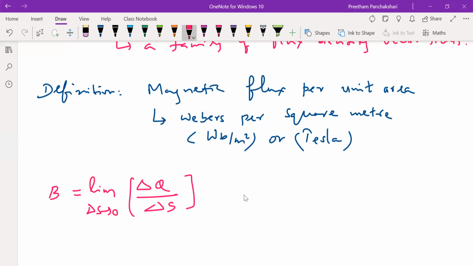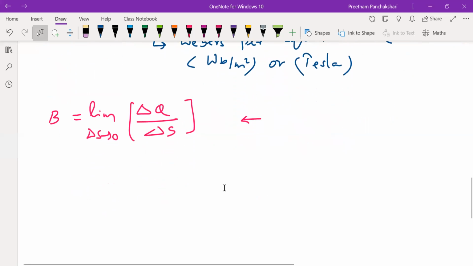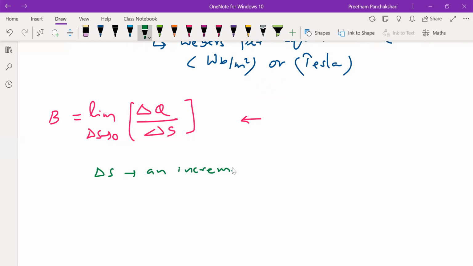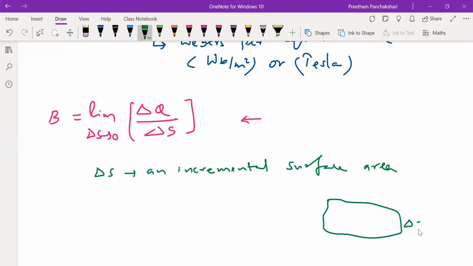So this makes the complete definition or mathematical interpretation of magnetic flux density. Here delta S is an incremental surface area, a small surface area.